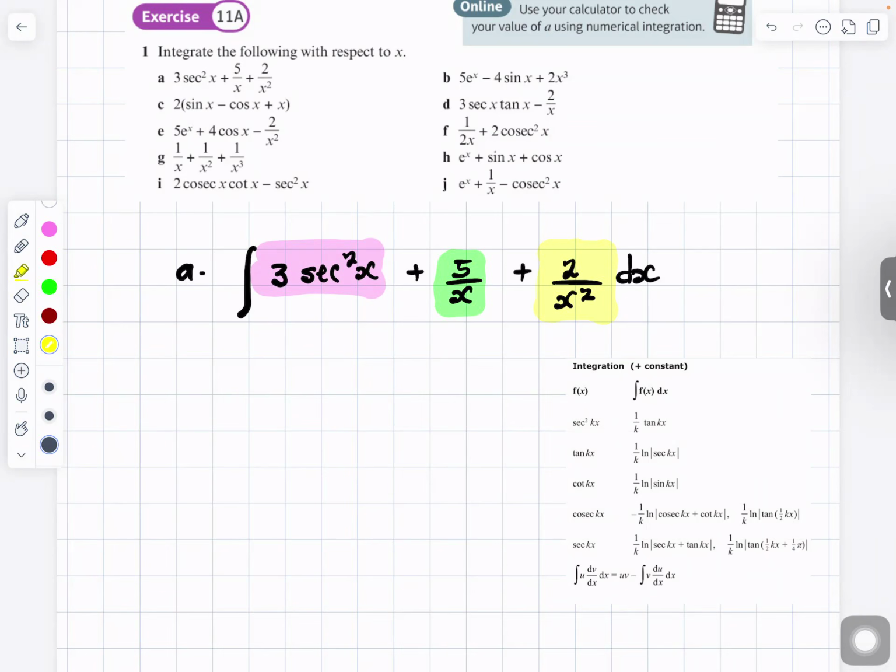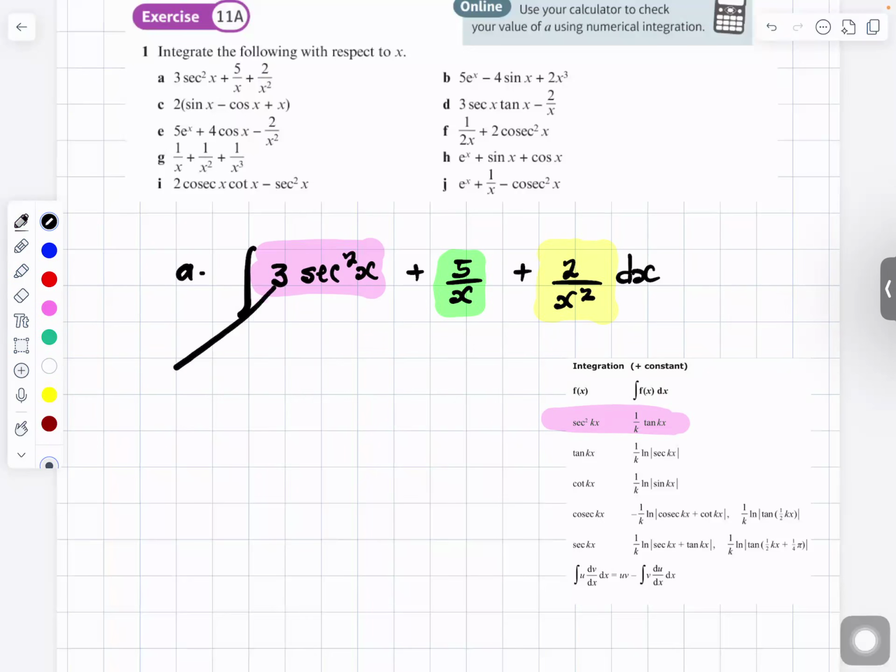To integrate sec squared kx, there's the first one, which gives 1 over k tan kx. So that's correct. To integrate 3, 3 is just a number.